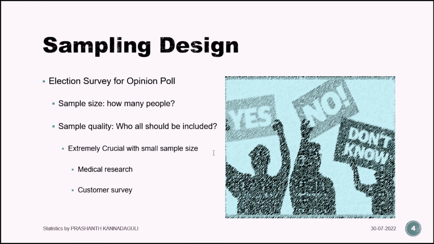Statistics. Okay, we are still in statistics. The first topic we had discussed already was sampling. You have a huge population. You cannot go and ask each and everyone in the population about your opinion, so you pick some people out of the population at random, and then you try to guess who is going to win.